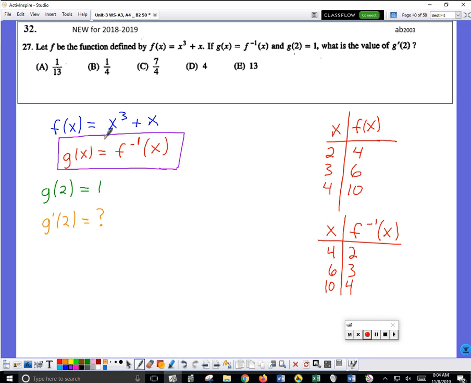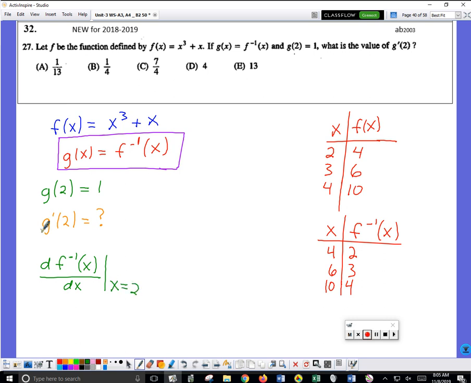And that's what they're doing here. They want you to find g prime of 2. But g is the inverse of f. So what they actually want you to find is the derivative of f inverse. And they want you to find that derivative specifically for an x value of 2.